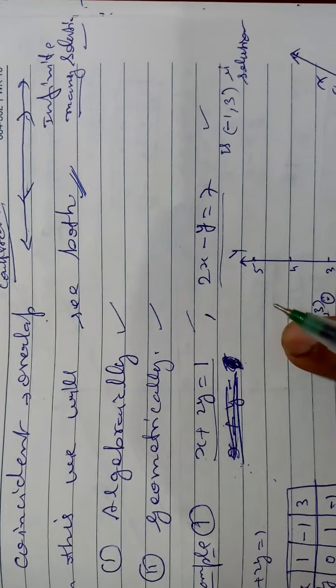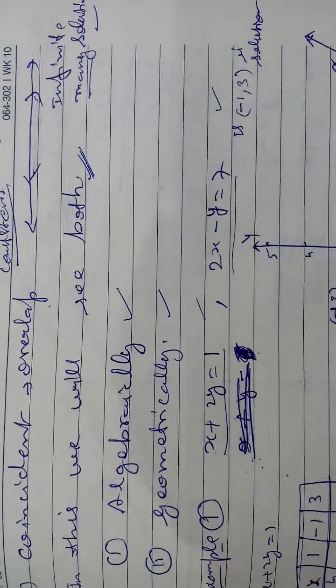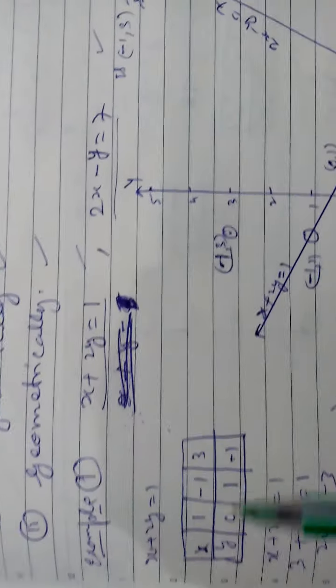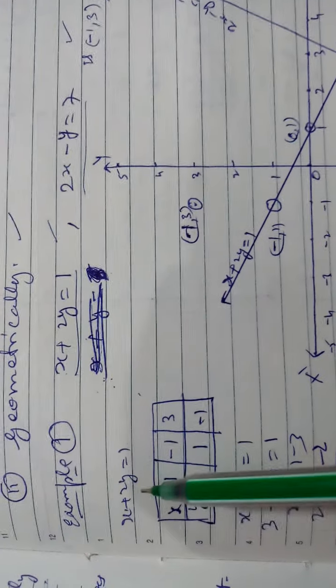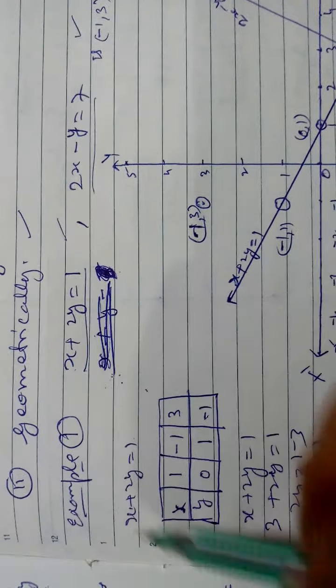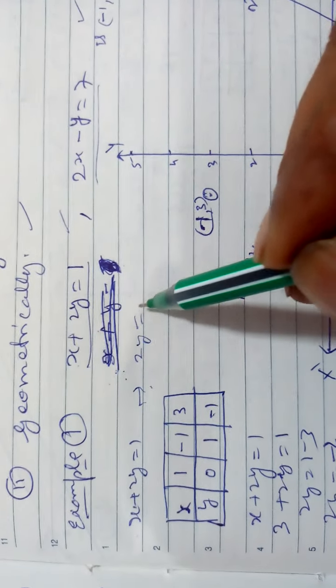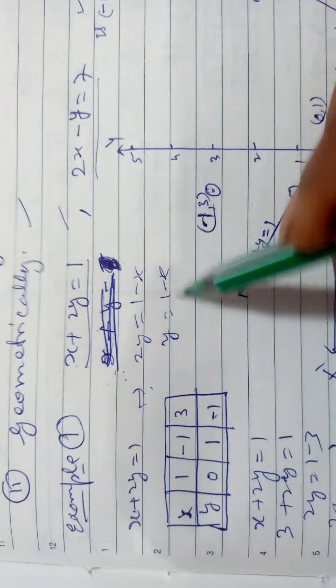Now plot the graph of it, or represent this geometrically, which means you plot the graph. First write the first equation again, and find at least two, otherwise three, solutions by putting values of x as you like. 2y is equal to 1 minus x, so y is equal to (1 minus x) by 2, y in terms of x.